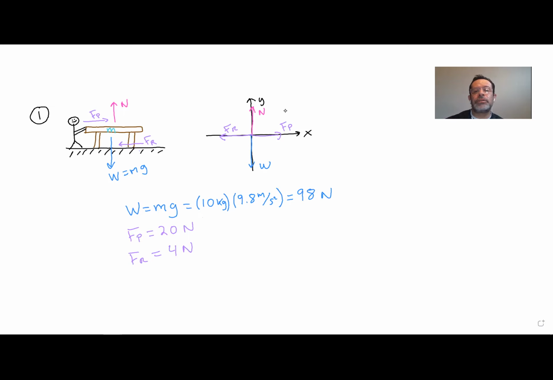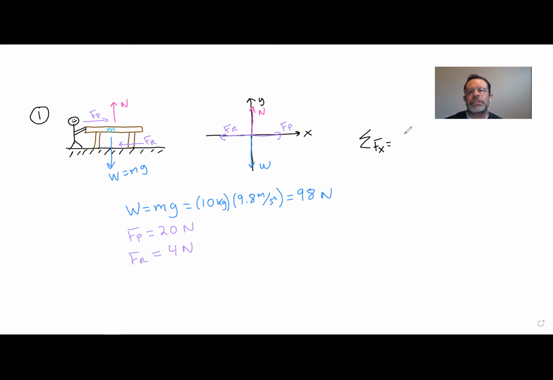So what we're going to do now is do the sum of forces in X is going to be equal to, the references can be really however we want, but we're going to take the Cartesian plane as it is. So right and up is positive, down and left is negative.